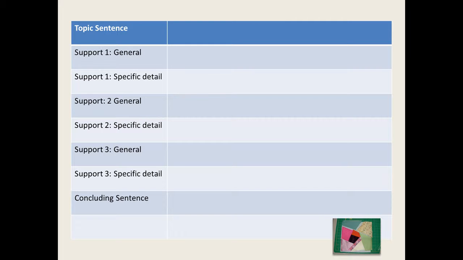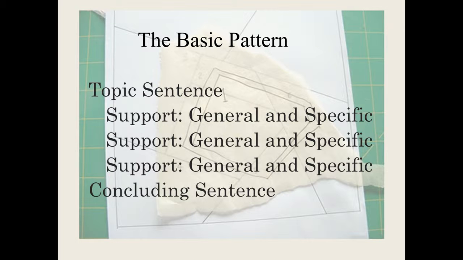If we were writing an outline, this would be a heading, a subheading, and then a secondary subheading. So the basic pattern: topic sentence, support, both general and specific, repeated as many times as is necessary to develop the idea, and then a concluding sentence.